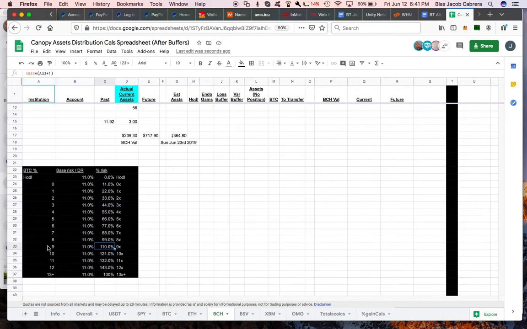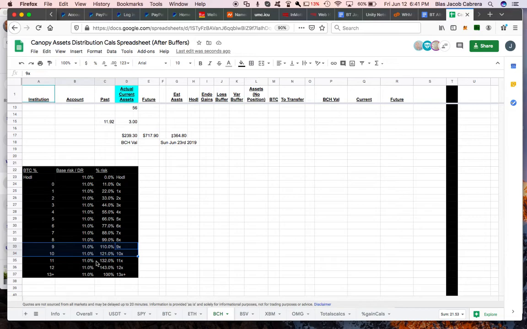So you can see that if we did an 11% base risk at 9 or 10x leverage, we're risking 100% of the value. As soon as we get to 9 or 10x leverage, there's no value anymore, right?